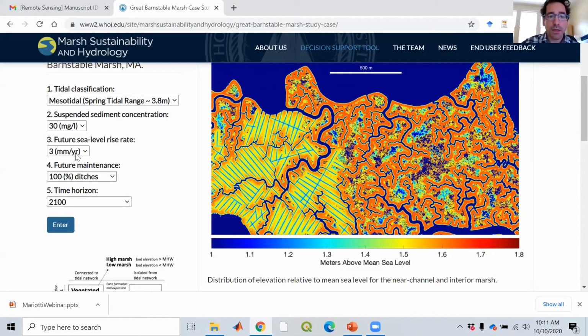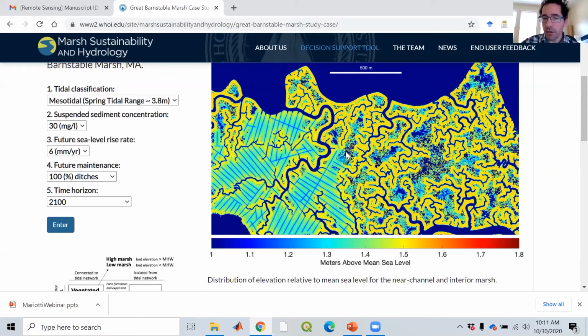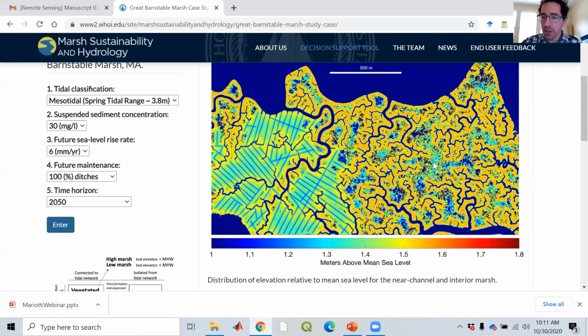Now, clearly, if sea level rise increases by 2100, the marsh is going to be lower. We can also show maybe not so far in the future, year 2050. So the marsh has not lowered as much.